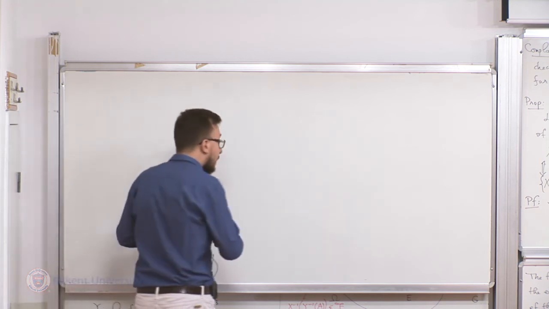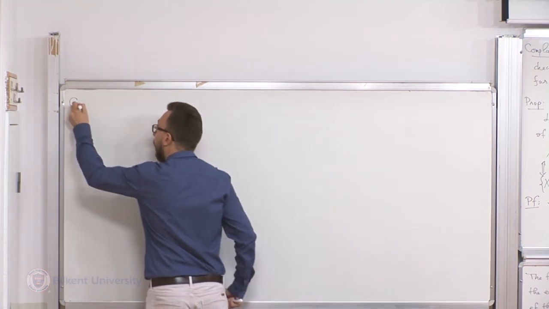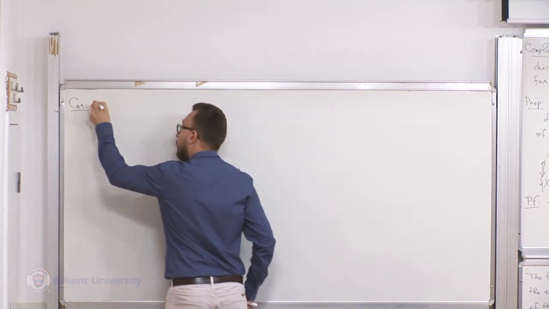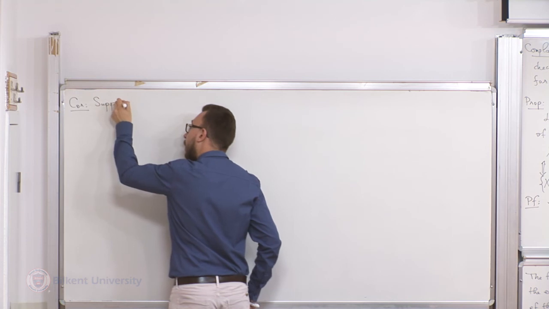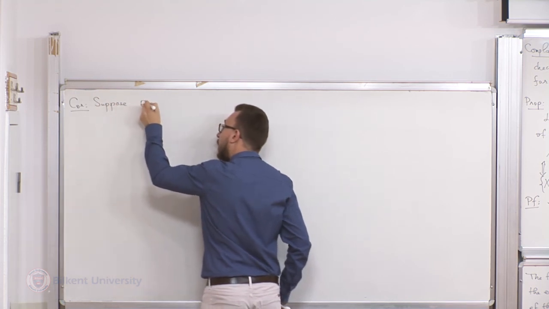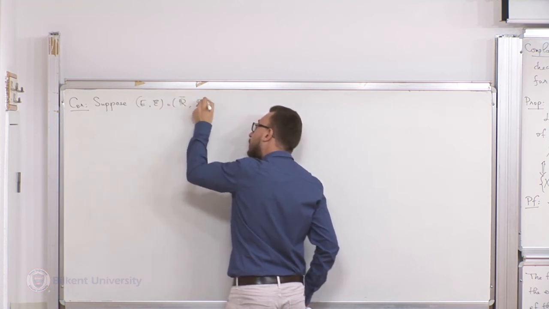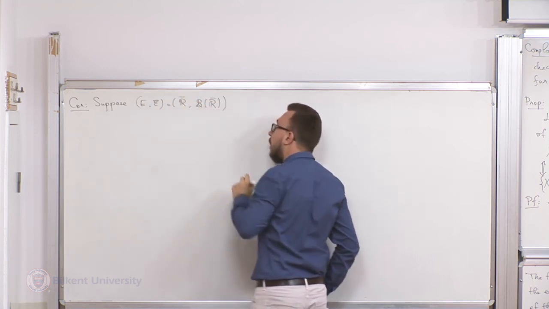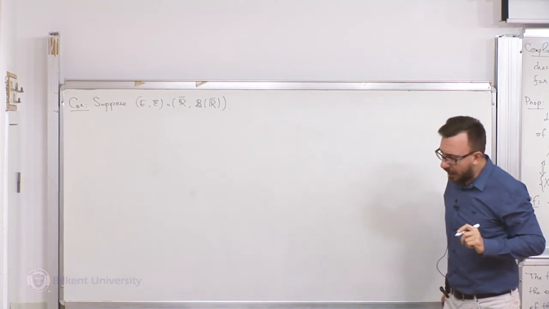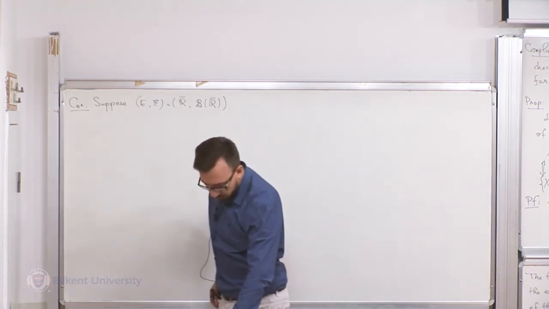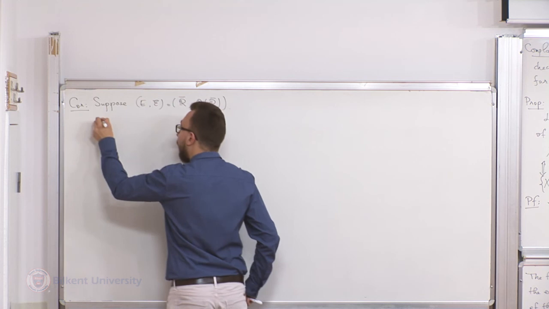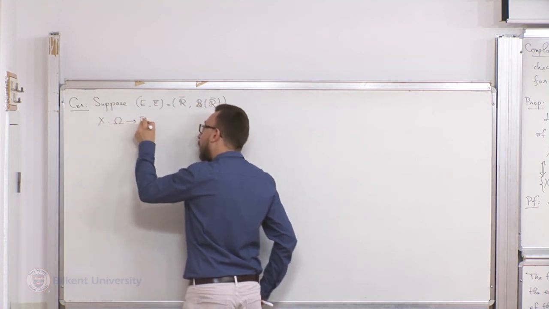So let me put this corollary here. So suppose script E is the extended real line. So we have a function from omega to R bar.